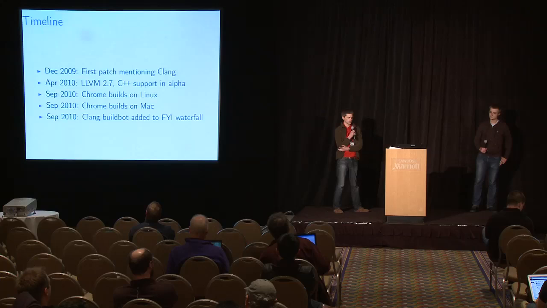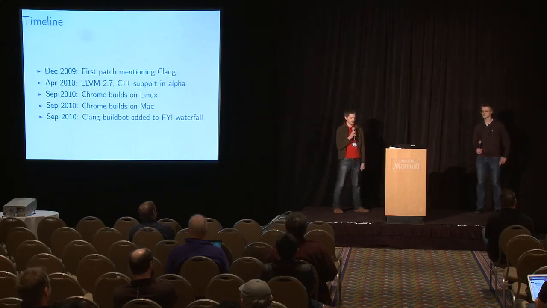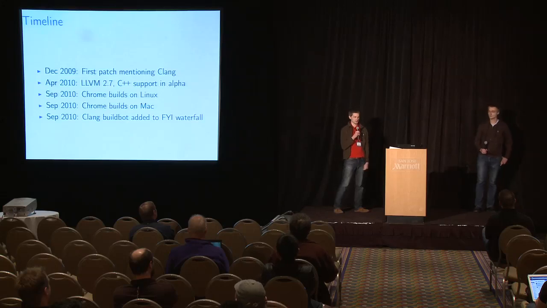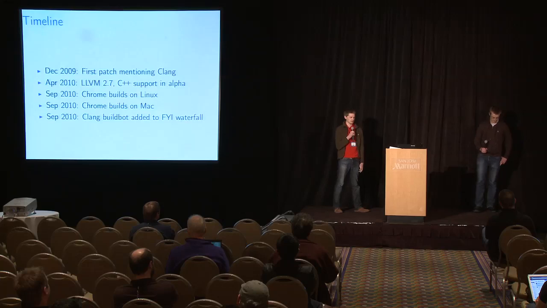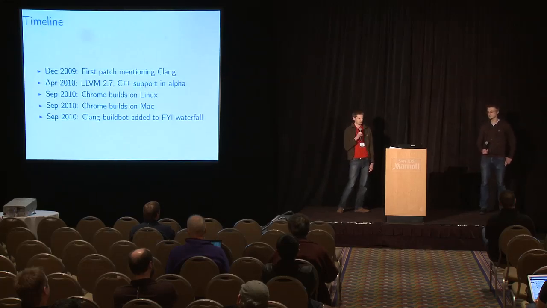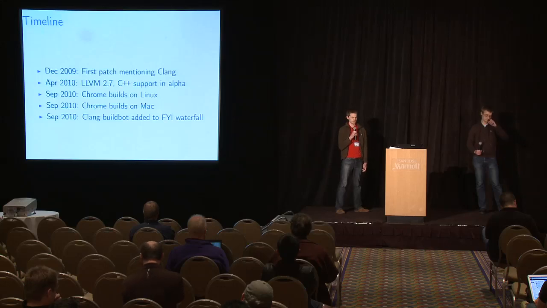We fixed a bunch of warnings, because Clang found more things to warn about. We had to make our code actually conform to C++ a little bit better, at least, because Clang was much more strict than the compilers we'd been using. And we also ran into a few bugs in Clang and LLVM, which we filed, and that got fixed, and so on.